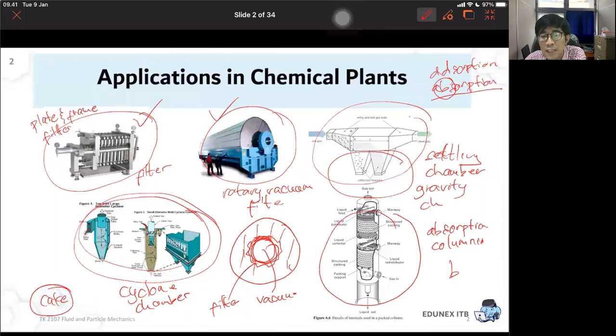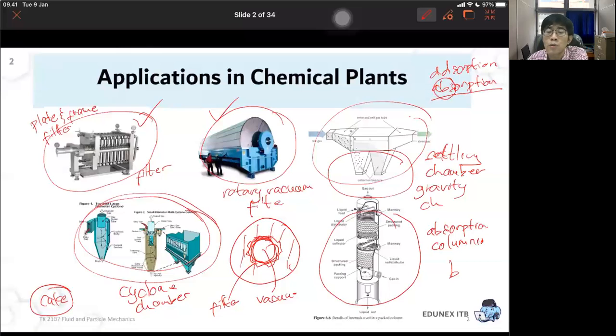For example, natural gas: before it can be processed into LNG, the liquefied natural gas, the content of CO2, the carbon dioxide, needs to be reduced before it can be liquefied. Because if you liquefy natural gas with high content of CO2, the CO2 can solidify during the process, and it can damage the liquefying device. So you need to reduce the CO2.